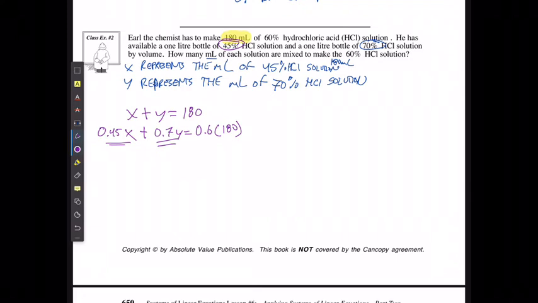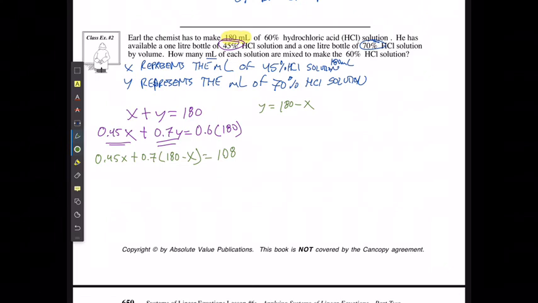I'm going to isolate one of the variables. So I'm going to say Y is equal to 180 minus X. And then I can say that 0.45X plus 0.7 times (180 minus X) is going to equal 0.6 multiplied by 180, or 108.